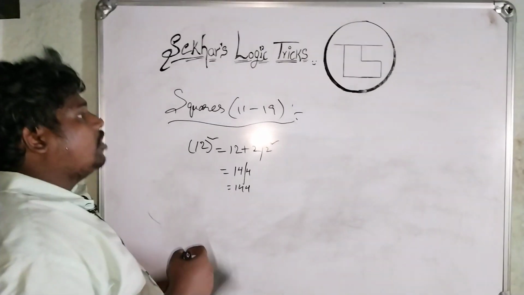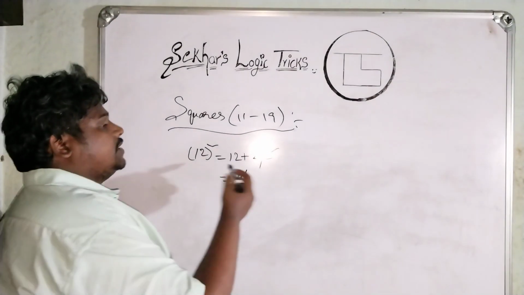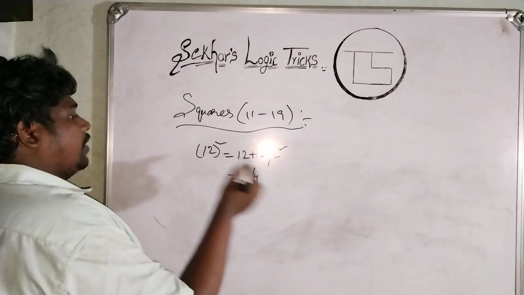Like this we have the squares of 11 to 19, and it is possible in only two steps.